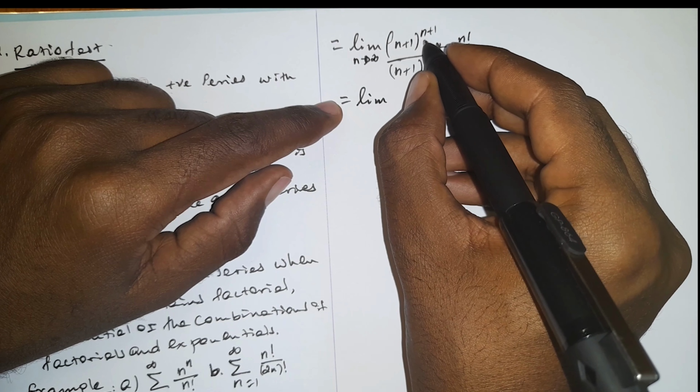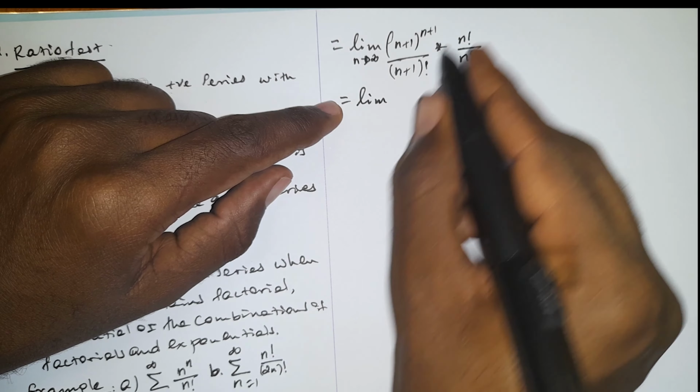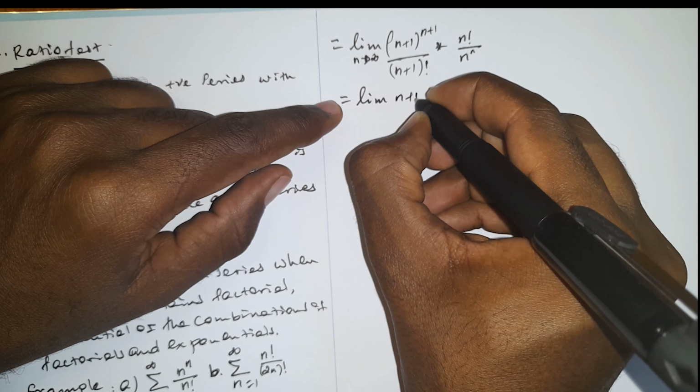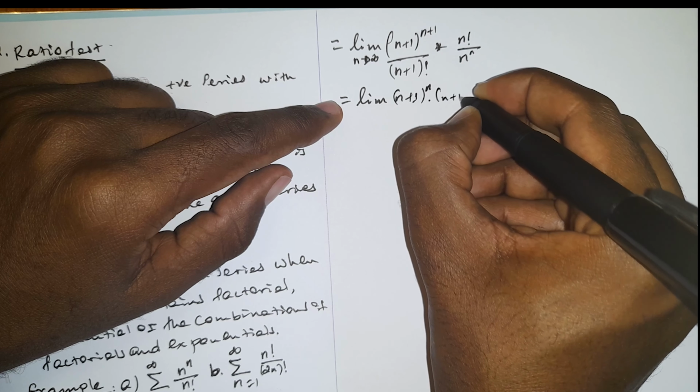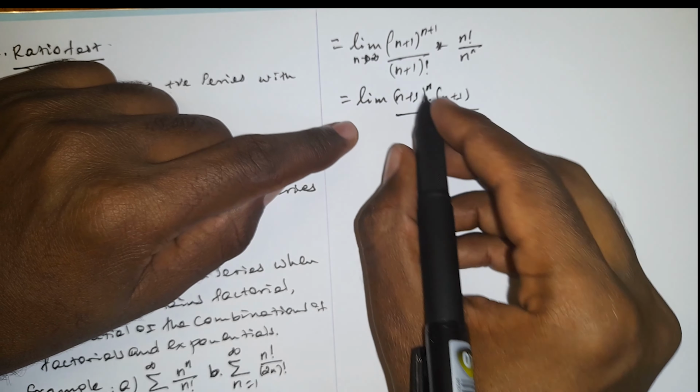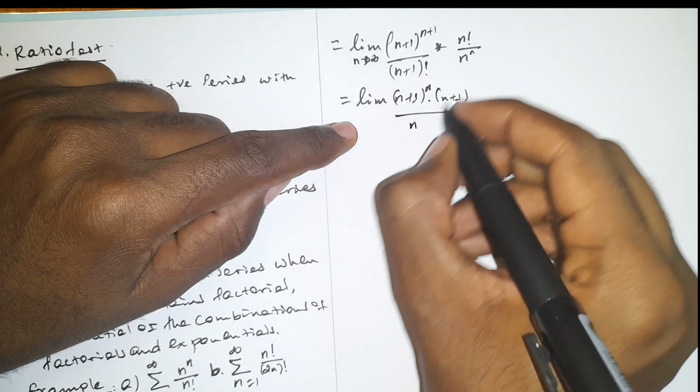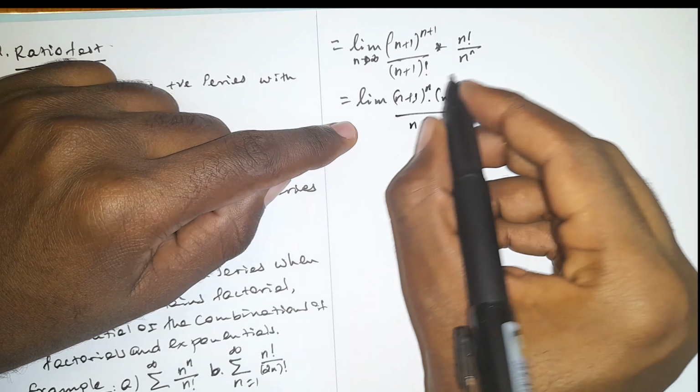Which is equal to limit of n plus 1 raised to n plus 1, meaning n plus 1 power of n times n plus 1, over n plus 1 factorial, meaning n plus 1 times n factorial, times n factorial over n power of n, as n goes to infinity.